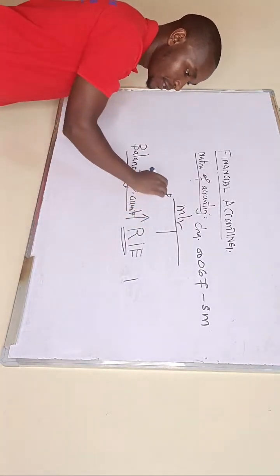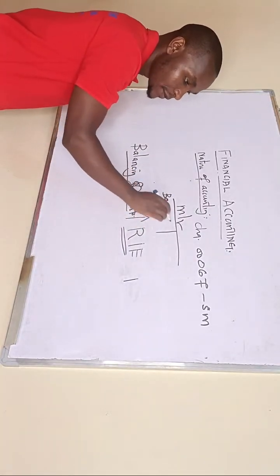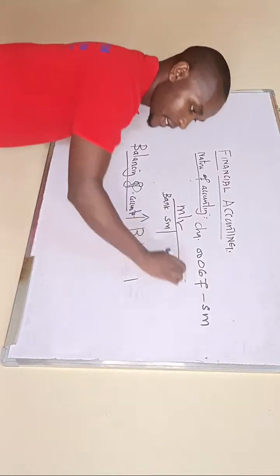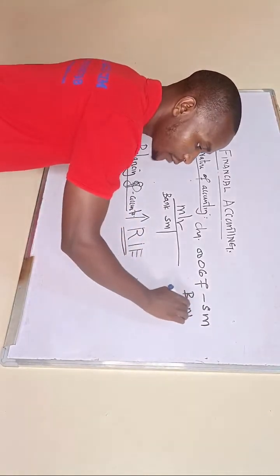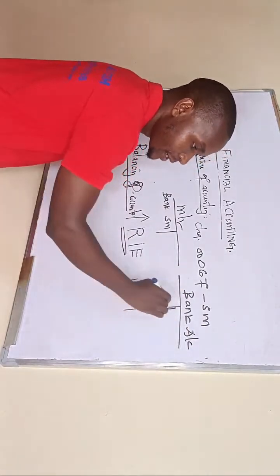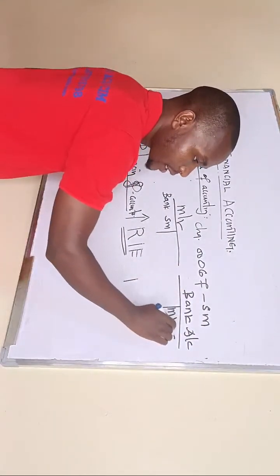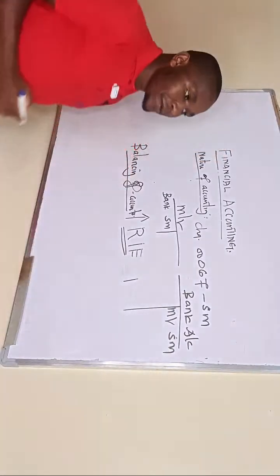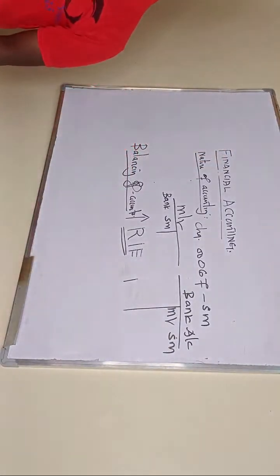So you debit the motor vehicle account 5 million, and then we have the bank account here. We are reducing the assets, which is bank, so we credit the bank account 5 million.